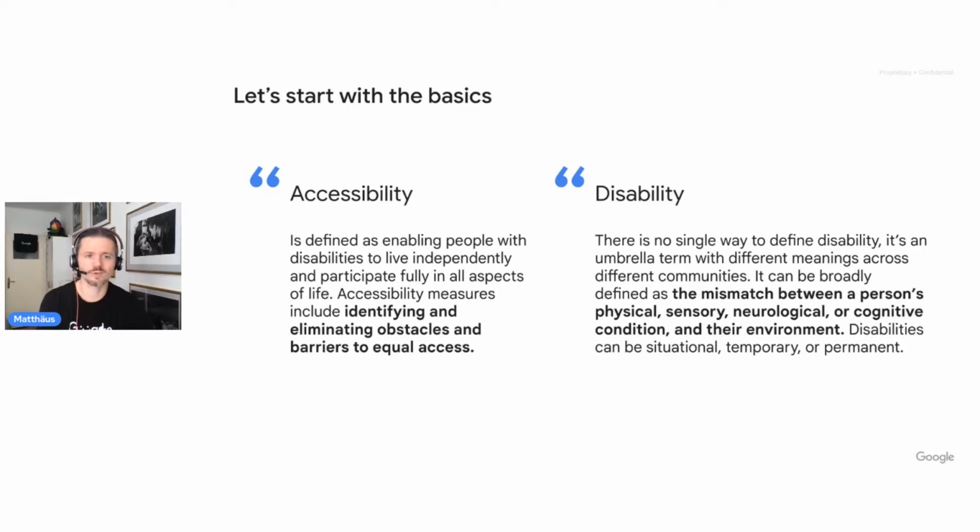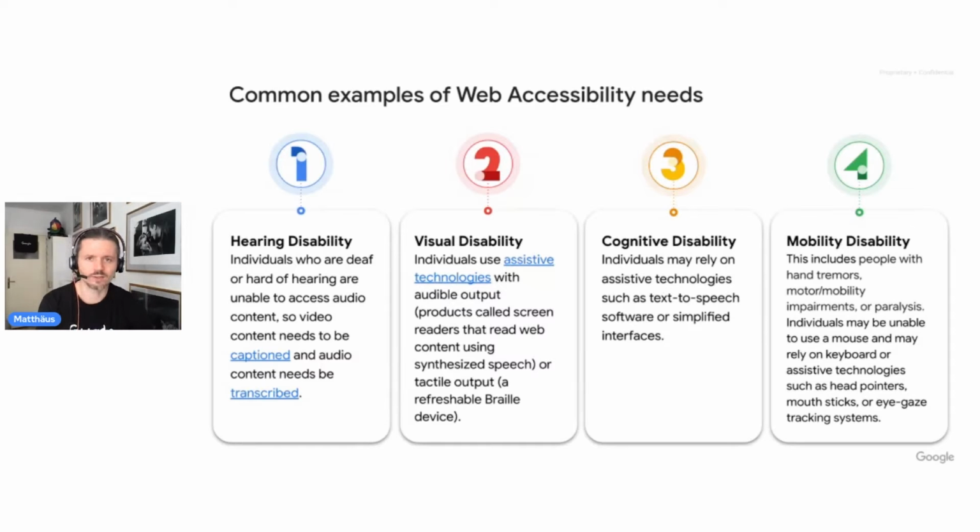But how does it relate to web accessibility? Let me give you a quick overview of common examples of web accessibility needs. For example, we have users with hearing impairments who rely on captions for video content. Or we have users with visual impairments who have to use assistive technologies, for example a screen reader, so that they can have the web content read out to them.